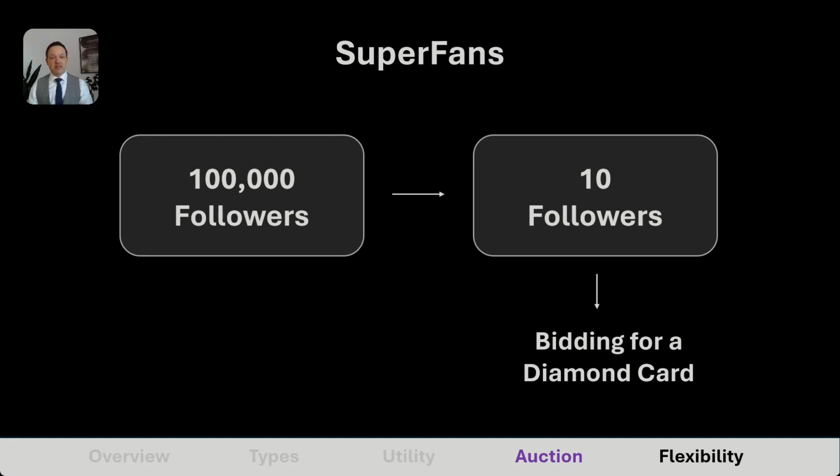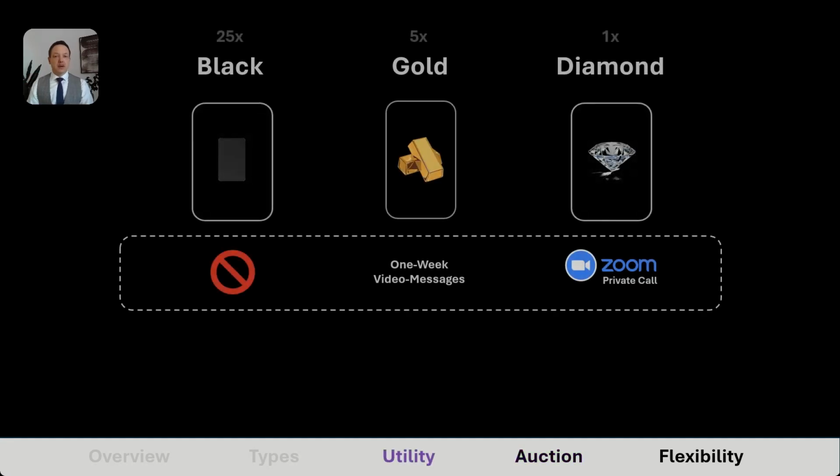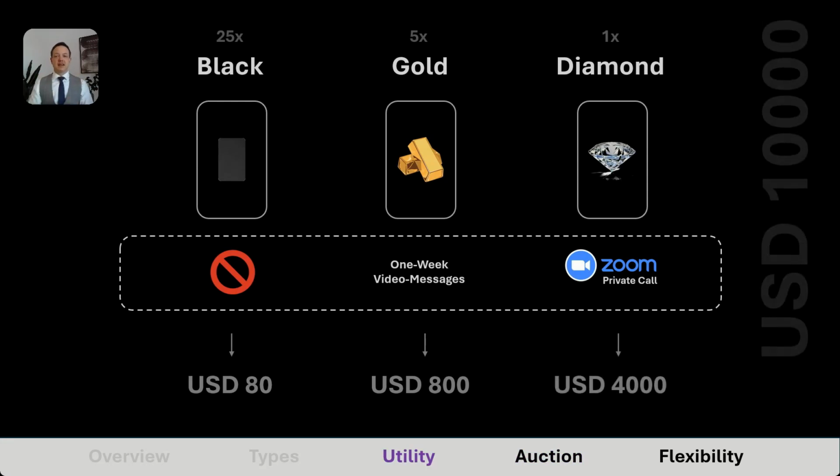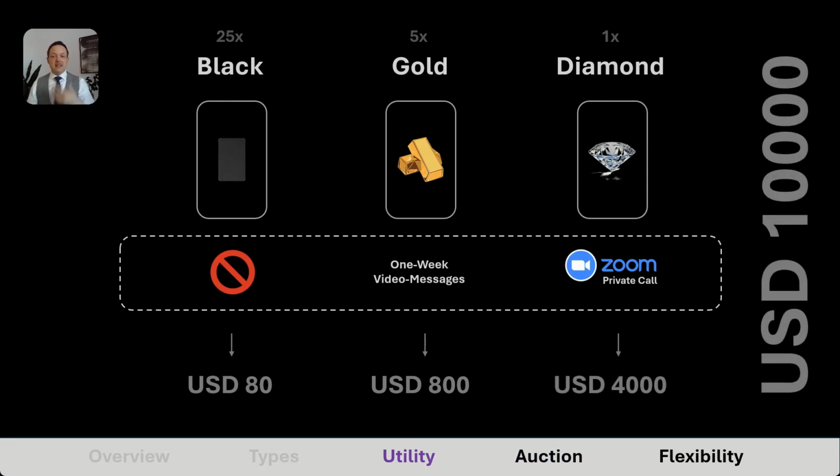And when you have 1 million followers, we are speaking maybe about 50 or 100 super fans, which again, you don't know about now, but in your auction, this will come out. And when we see this now, the more followers you have, with our example with the black, gold and diamond, we are easily, instead of $20, it can end up at $80 for a normal black card.